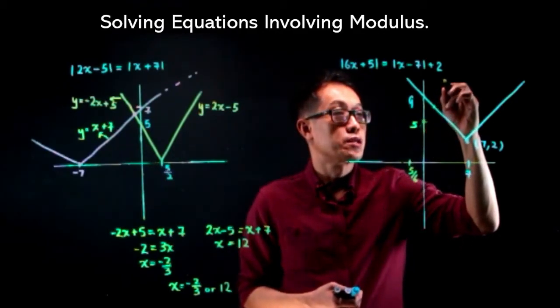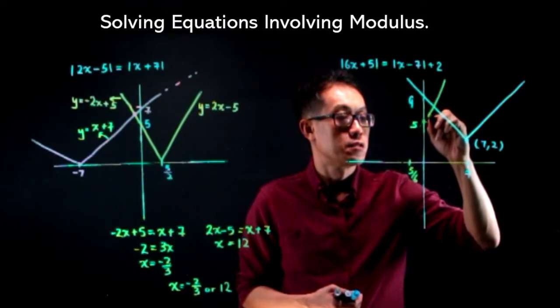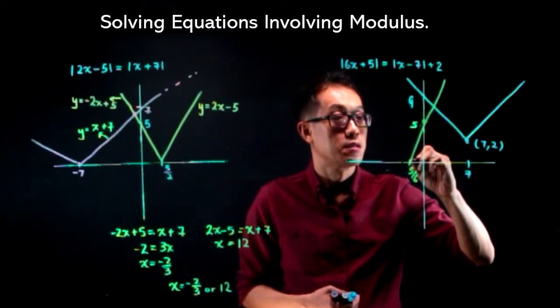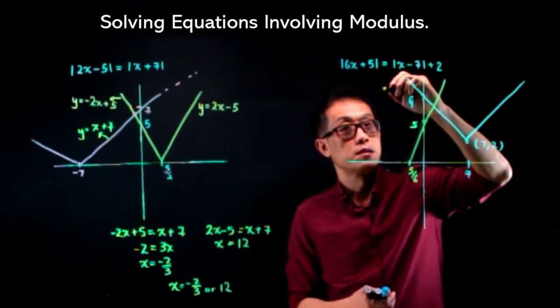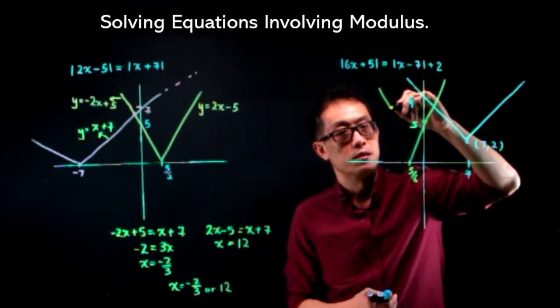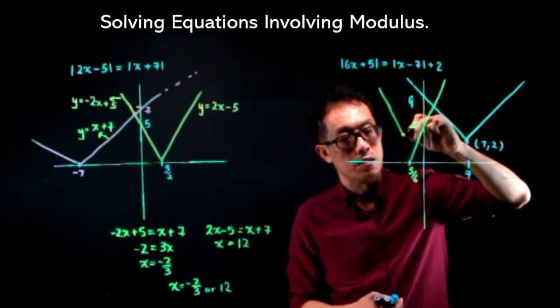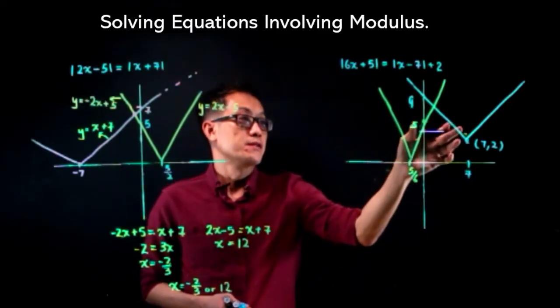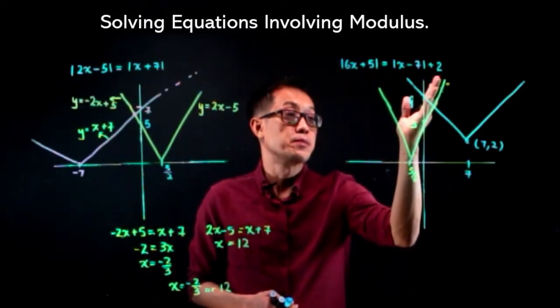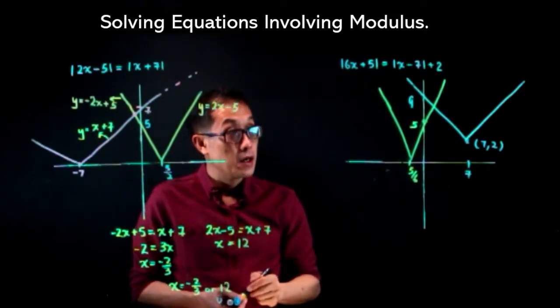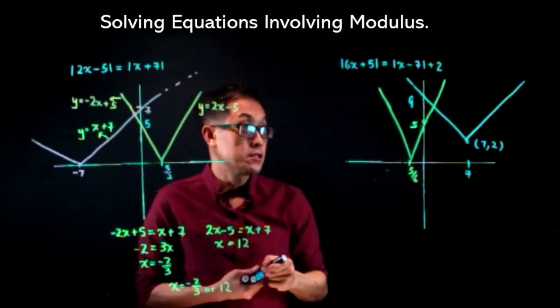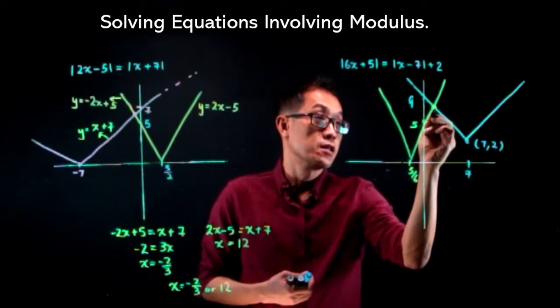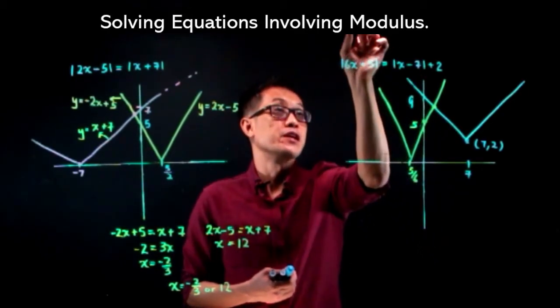So your graph will look something like this. All right. Now you find that this is a lot steeper than this. Now there will be two intersections. One is here. The other one will be further up here.